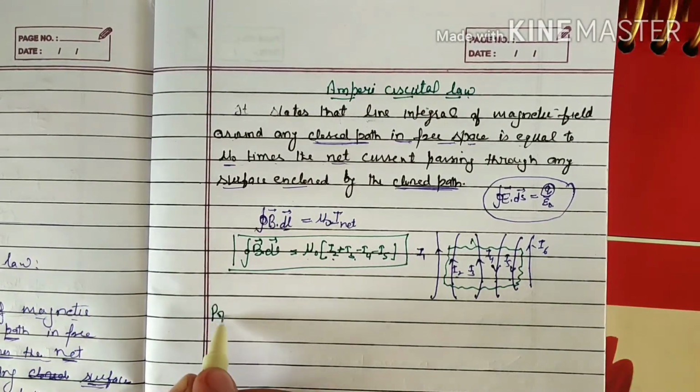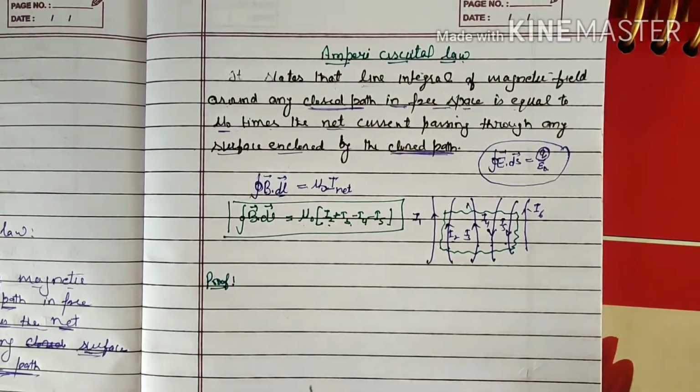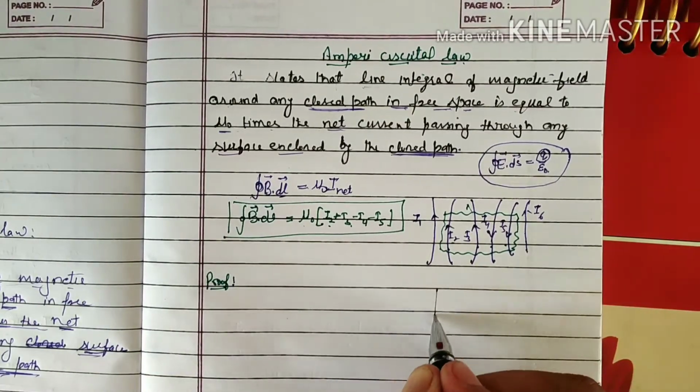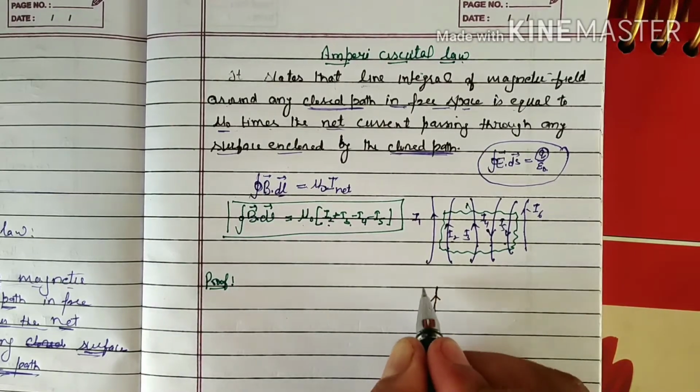Now we can prove this Ampere's circuit law. Suppose we have any conductor in which current I is flowing.